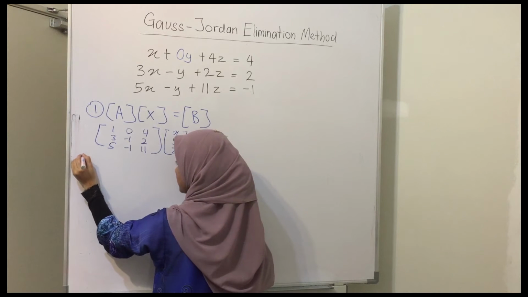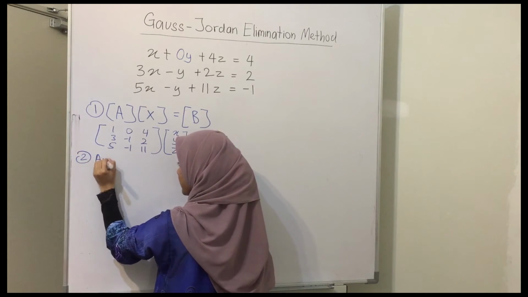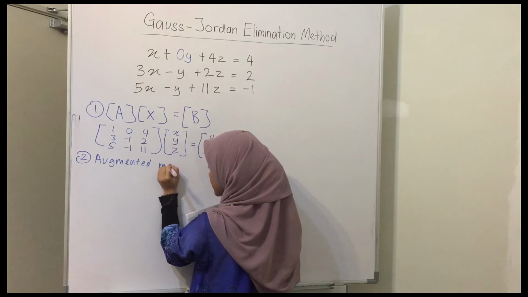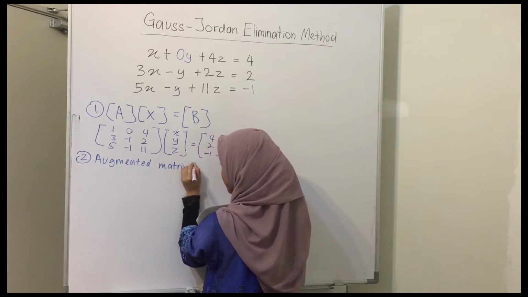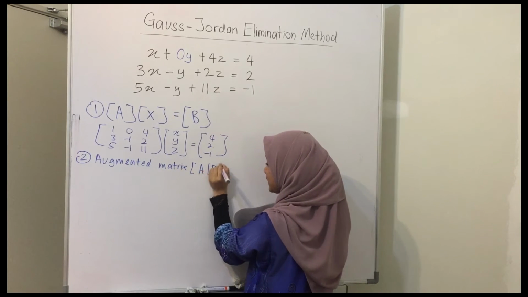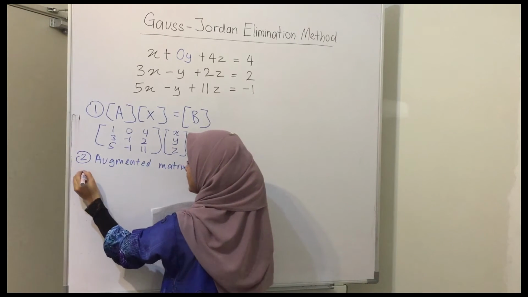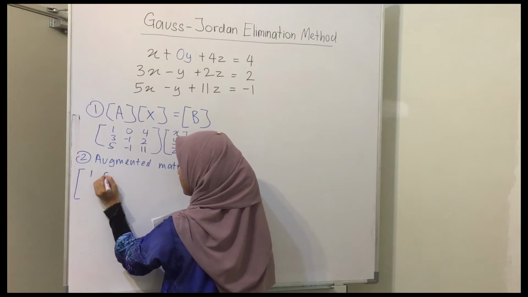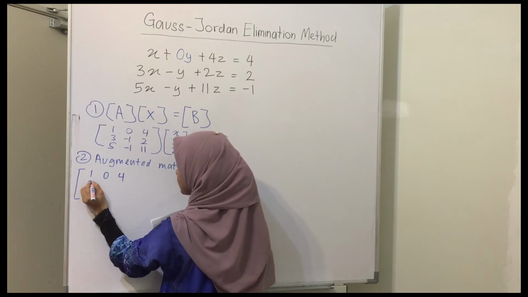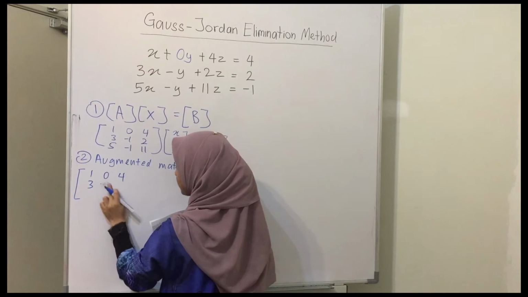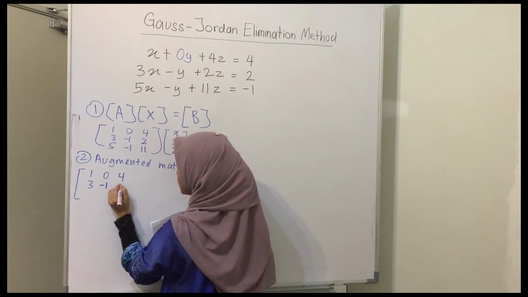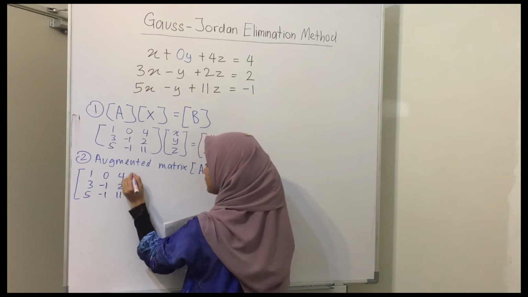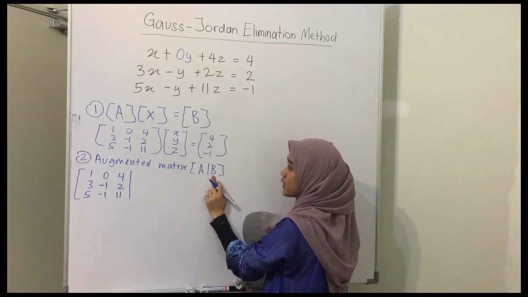Second step, we do the augmented matrix [A | B]. A is the coefficient, so we make the coefficients here: 1, 0, 4, 3, negative 1, 2, 5, negative 1, 11, and B is the constant.